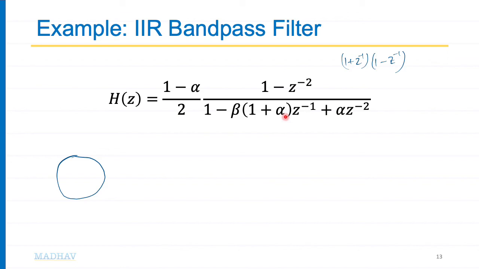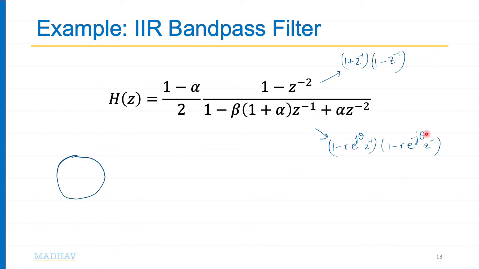And if you look at the denominator also, it will have two roots, and these roots will be complex conjugates, because this whole thing is real. Alpha is real, beta is real, and therefore the solution will also be a complex conjugate solution if it is complex. So let's say the solution is (1 minus r e to the power j theta) and (1 minus r e to the power minus j theta).